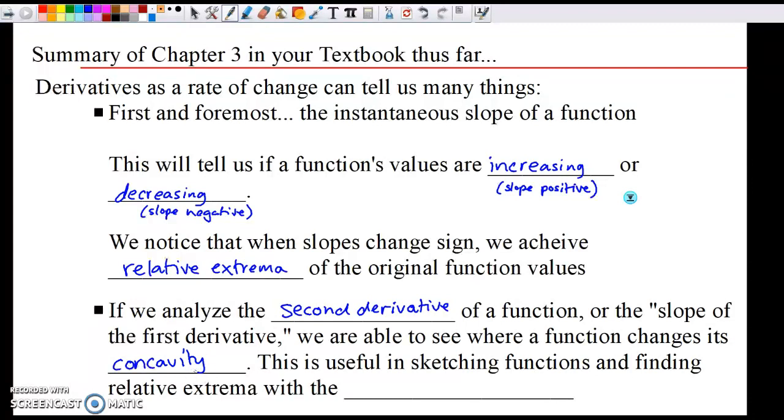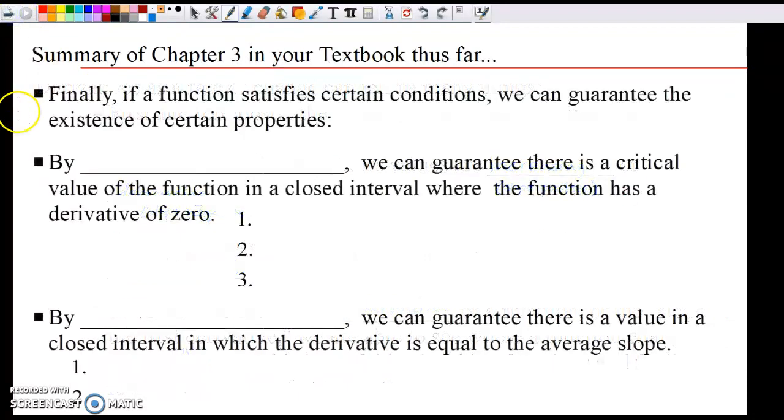This is useful in sketching functions and finding relative extrema with the second derivative test. Finally, if a function satisfies certain conditions, we can guarantee the existence of certain properties of that function.